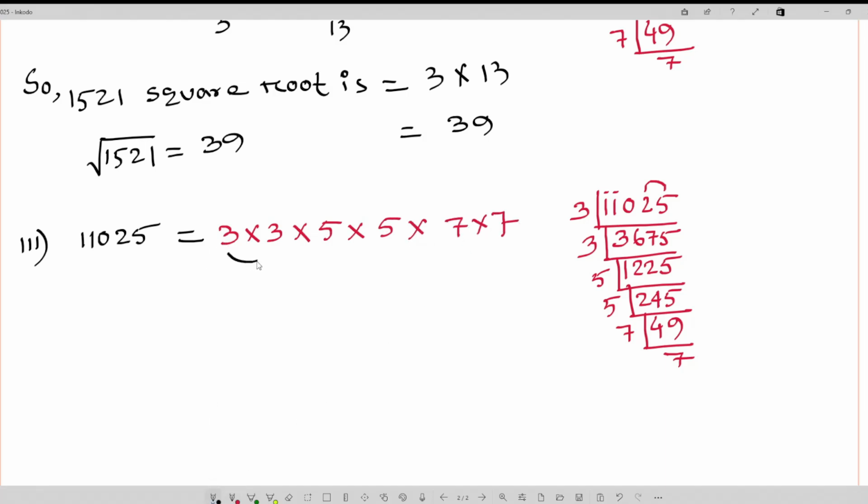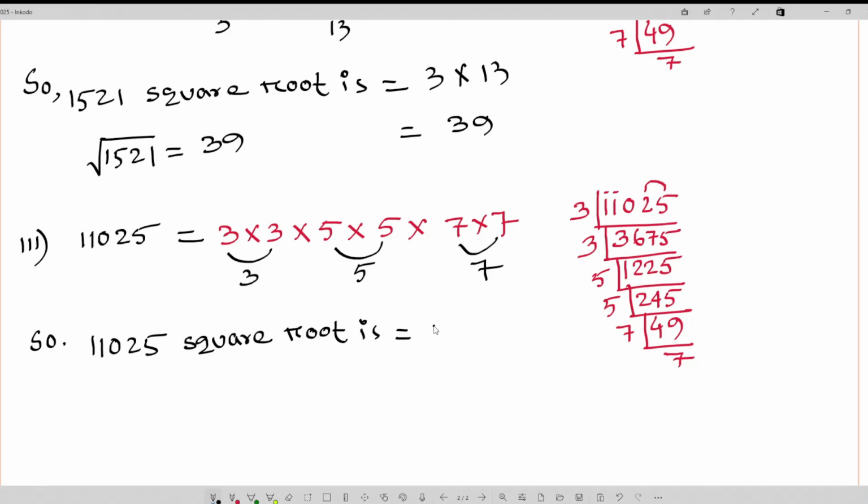Okay. So this is a pair, this is a pair, this is a pair. From these, 3 and 3 we can take 3, from here 5, from here 7. So the square root of 11025 is 3 times 5 times 7.